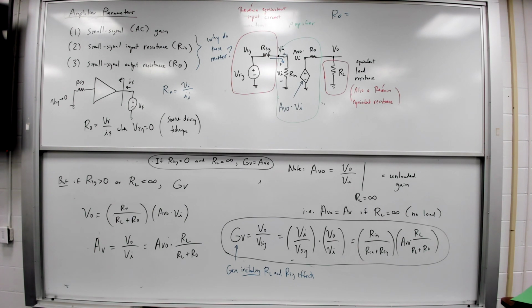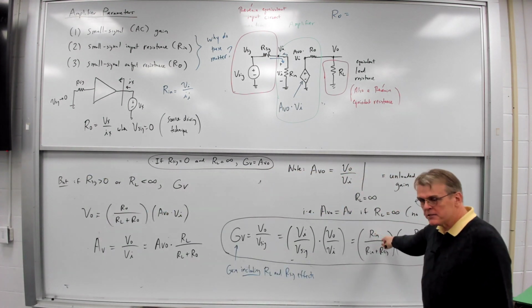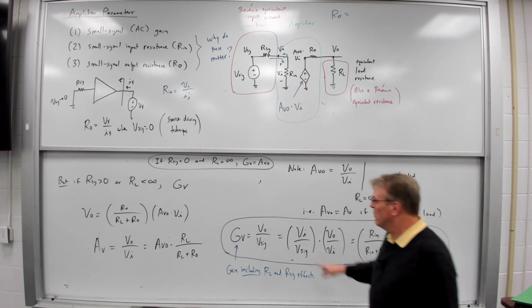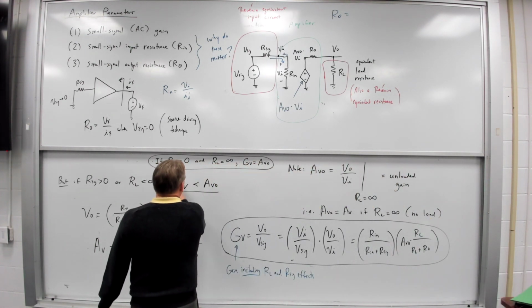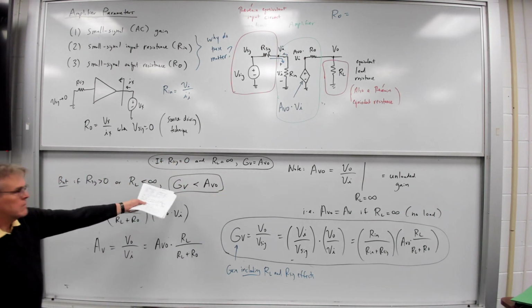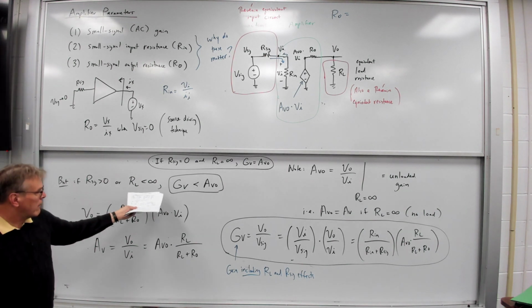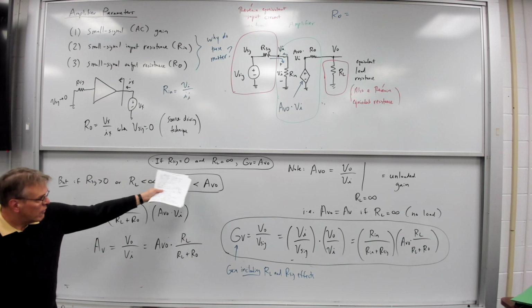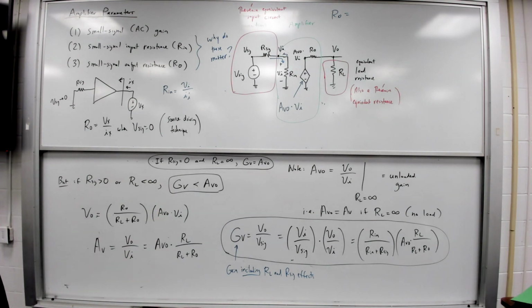Same? Bigger? Smaller? It's going to be smaller, isn't it, right? This fraction becomes less than 1. That fraction becomes less than 1. So here's why we care about this. If R sig is greater than 0 or RL is less than infinity, then the global gain becomes less than the AVO, which is the maximum gain the amplifier is capable of.